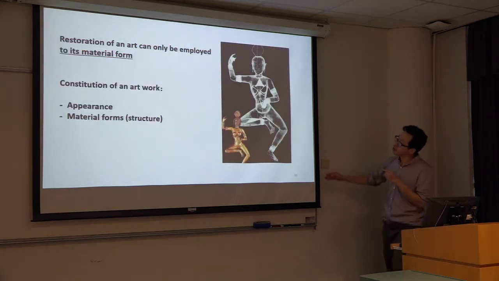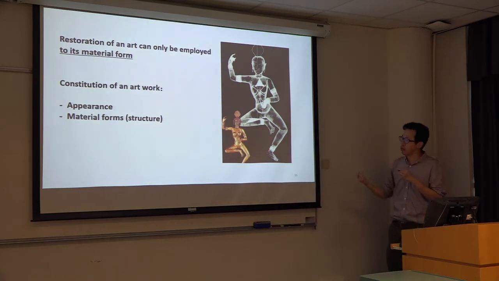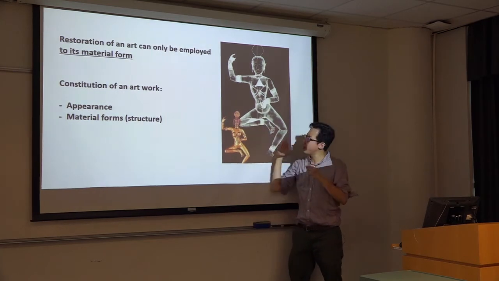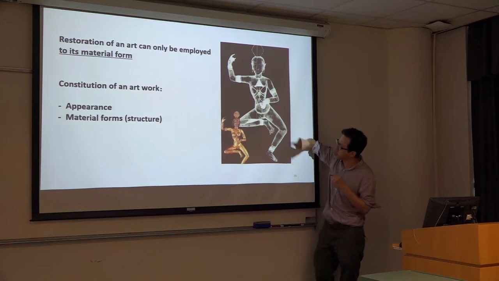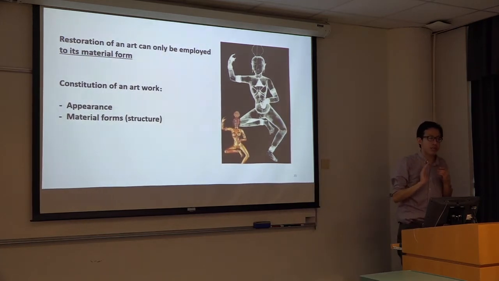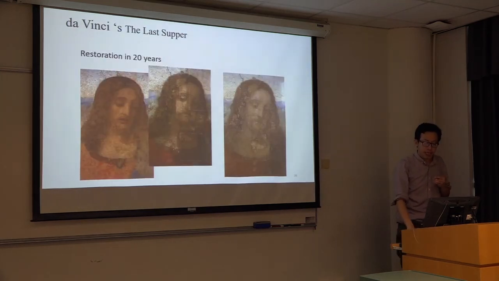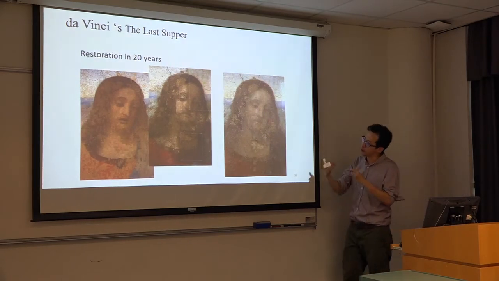I also want to use this as an illustration. In terms of structure, which means this framework, right, to hold things together. But if we are just talking about small holes on the surface, it is quite debatable whether we should make them look original, because it is not related to structure, right? And second, we have to make things reversible.